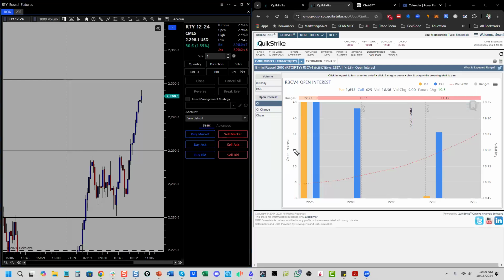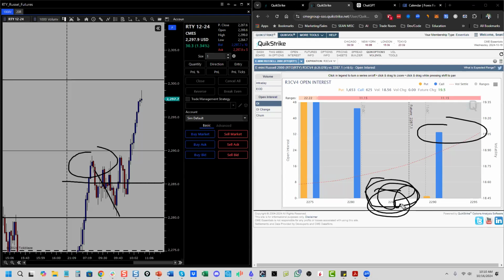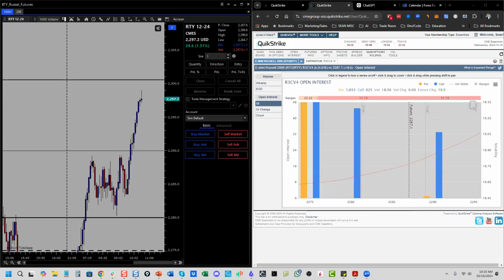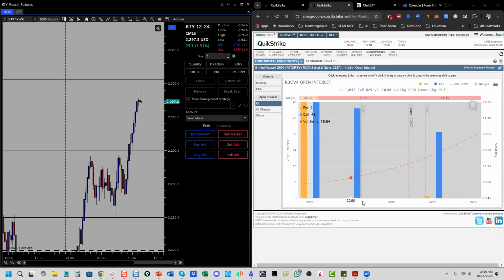They came from 2290 as the next wall. 2285's got nothing right there, which is why they didn't drop it very far. There's nothing here. 2280 is where the next level was that they failed to hold, which became the next level of support.